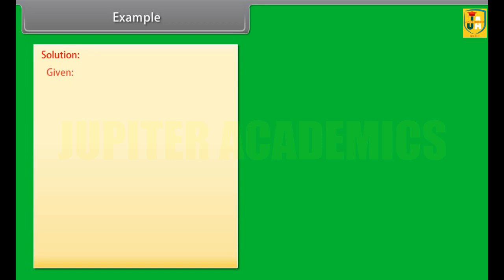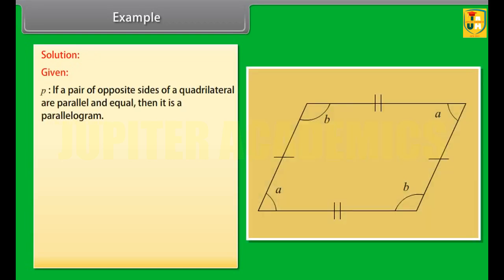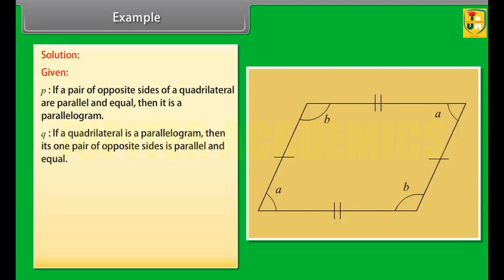Solution. Given: P is a statement that if a pair of opposite sides of a quadrilateral are parallel and equal, then it is a parallelogram. Q is a statement that if a quadrilateral is a parallelogram, then its one pair of opposite sides is parallel and equal.